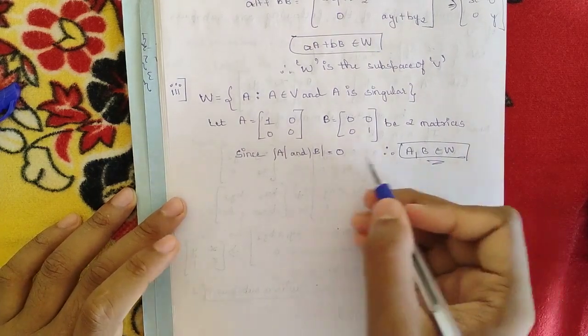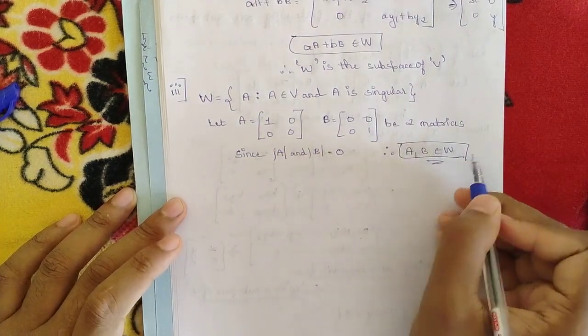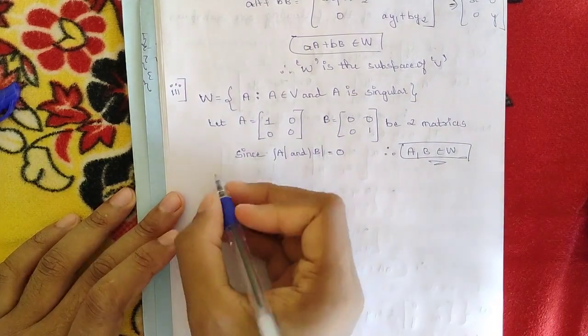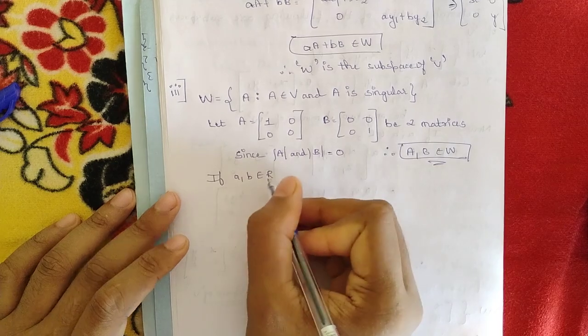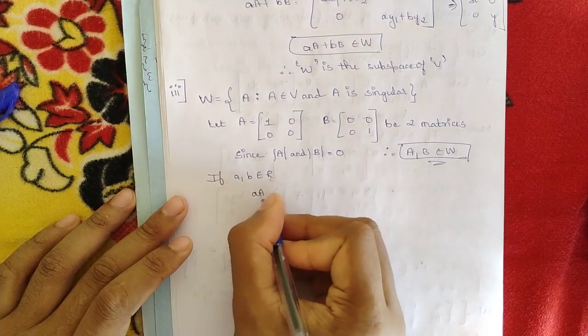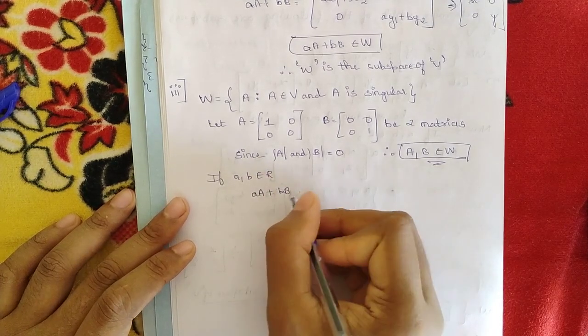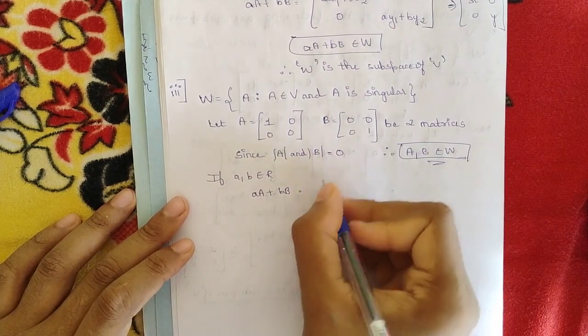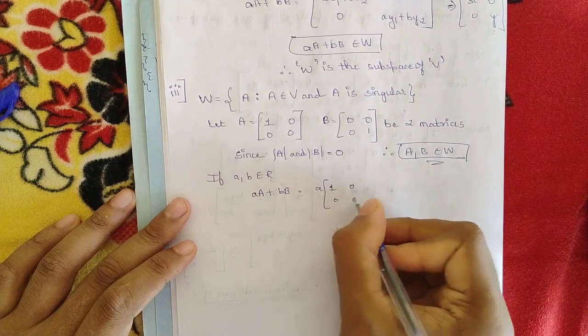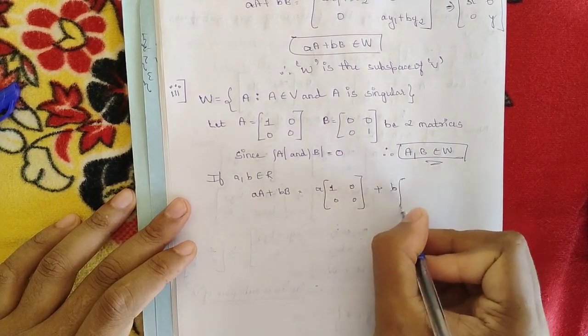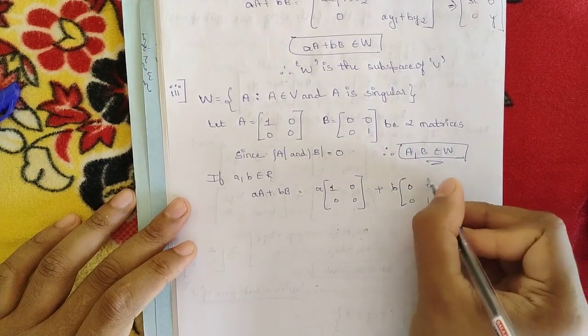If it is 0, then we can say that these two belong to the set W. Similarly, let us take two variables again. If a, b belong to the set of real numbers, then a times A plus b times B, again the same thing, a into A, that is 1 0 0 0, plus b into 0 0 0 1.